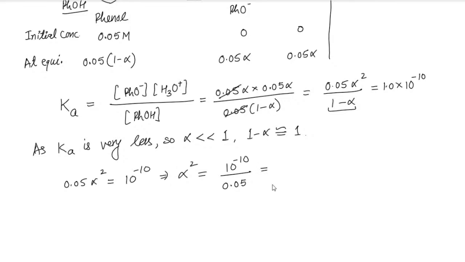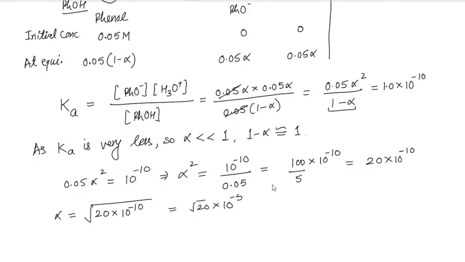So it becomes 100 into 10 raised to power minus 10 over 5, that is 20 into 10 raised to power minus 10. Is it right? So alpha is equal to square root of 20 into 10 raised to power minus 10, that is square root of 20 into 10 raised to power minus 5.